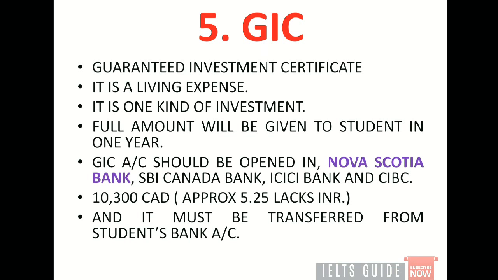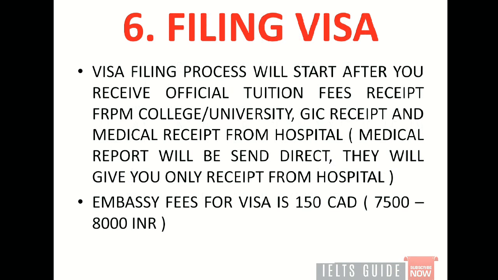So let's move to point number 6, that is visa filing. The visa filing process will start after you receive the official tuition fee receipt from the college or university, the GIC receipt, and the medical receipt from the hospital. Once you have the GIC receipt, the tuition fee receipt, and the medical receipt, you are eligible for filing a visa.